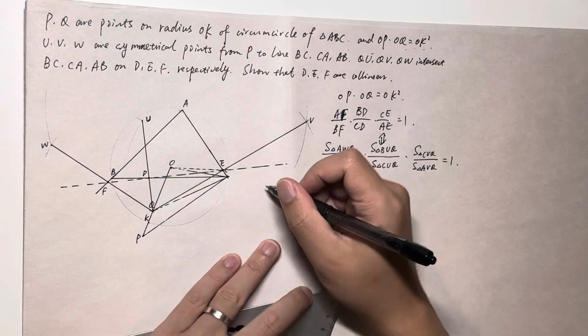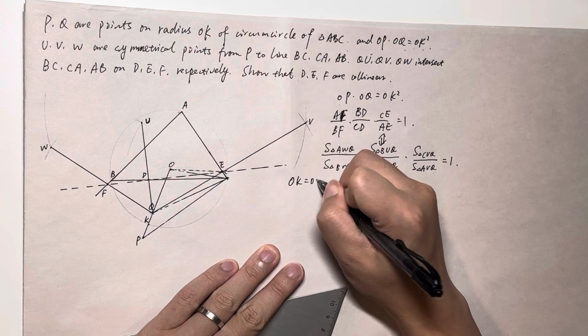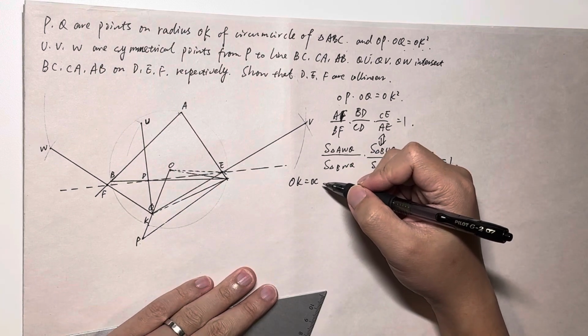So we notice that OK equals OC. That's the radius of the circumcircle.